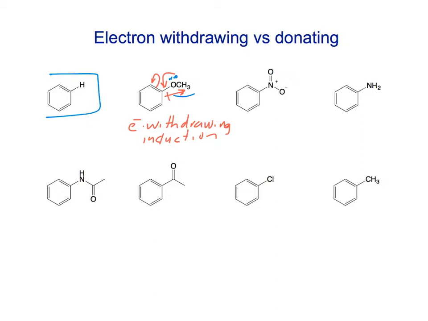So it can also be electron donating, and this is through resonance. All right, so we have two things that are conflicting, right? This molecule is just conflicted. So which of these two things do you think wins out?